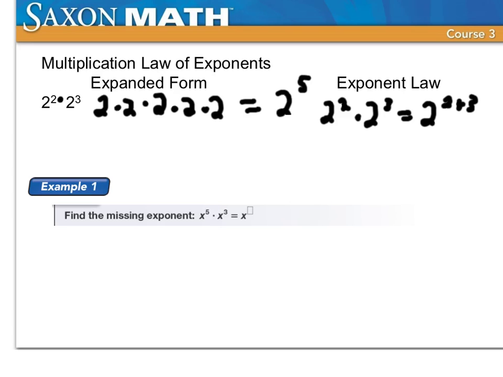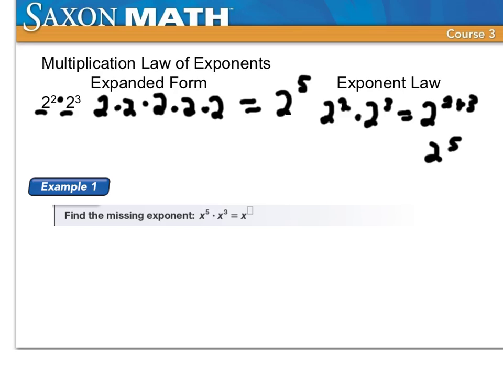So 2 squared times 2 to the third is equal to 2 to the 2 plus 3, or 2 to the 5th, when we write it in simplest form. The multiplication law says when I take a power and multiply it by another power that has the same base, so our 2's are the same, I just add their exponents together.